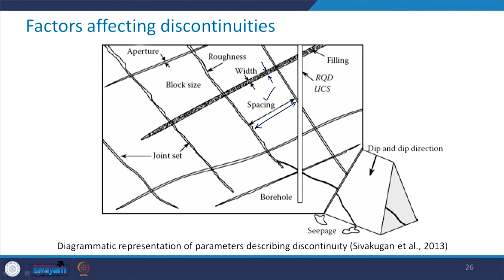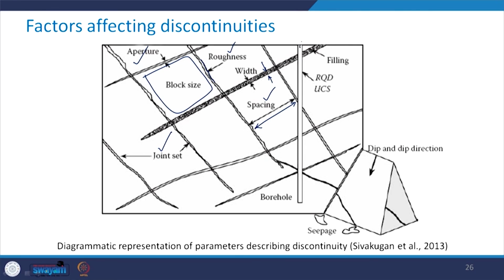Find out its roughness profile at the joint wall surface, that will give you roughness. This portion between the joints is the block size. You can find out the aperture like this. This way you can find out the joint sets.